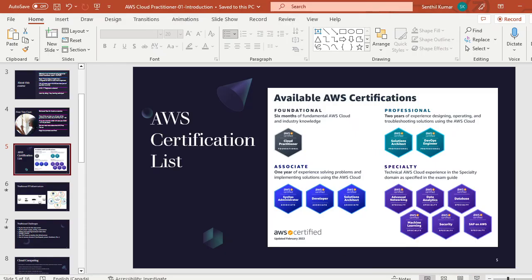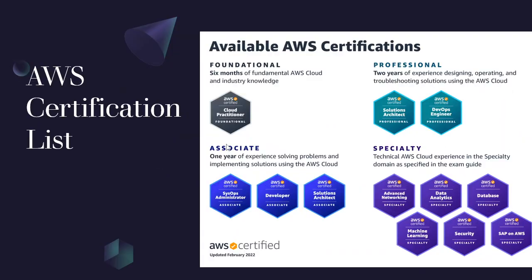So at the intermediate level, AWS provides 3 certifications: one for DevOps, another for developer, and another for solutions architect. Based on your roles and responsibilities, pick any one of them. But before doing the associate certification, the Cloud Practitioner foundation certification is not mandatory. You can even directly do the associate certification.